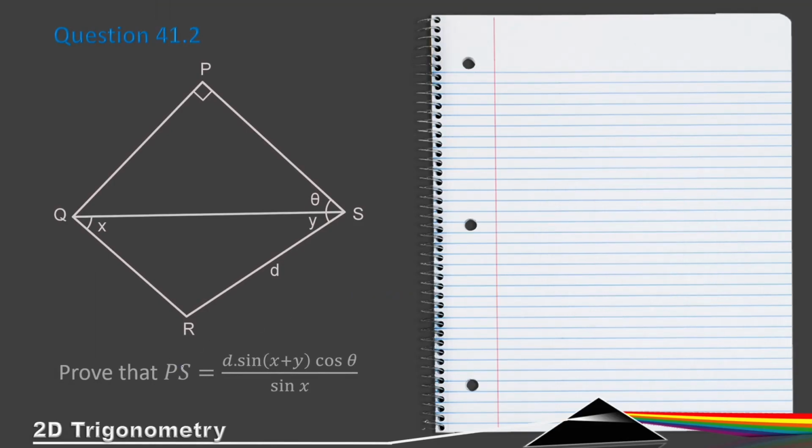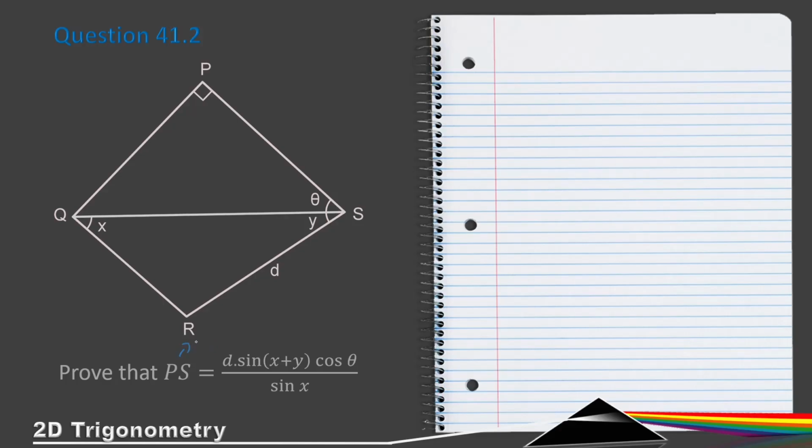Okay, now prove that PS is d multiplied by sine x plus y cos theta over sine x. Okay, so our two triangles, let's just locate where is PS. So PS is over here and D is over here. So we need to work our way there, and our link is QS.